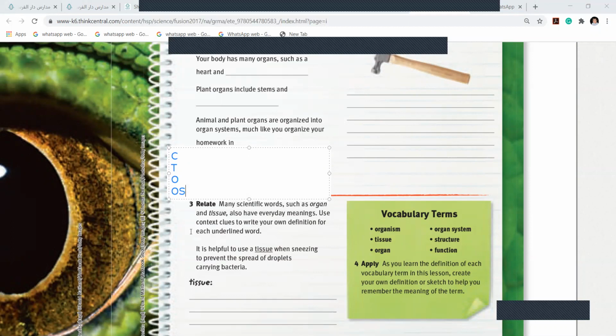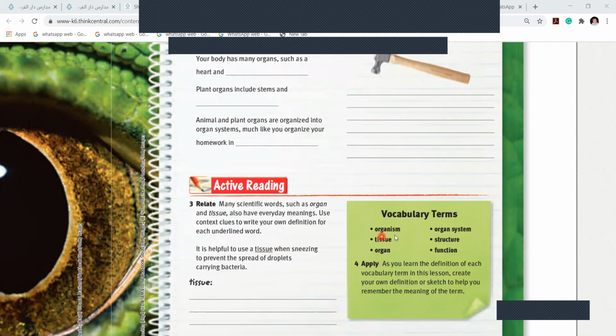Tissues combine to form organs. Different organs combine to form organ systems. Okay? Now, Malak, read out the vocabulary terms. Miss, there is no Malak. I'm sorry, Lean.